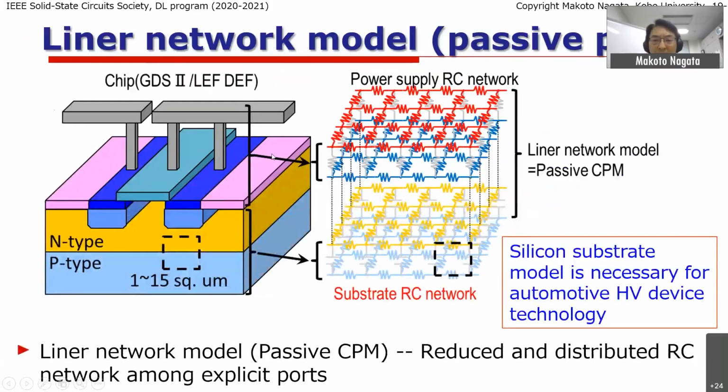And the passive part of the chip power model can be represented by a very dense linear network model. On the chart on the left-hand side, here is a device like a MOS device. Here is a gate electrode, source and drain electrodes, and the wells of the N-type over the P-type silicon substrate, for instance.